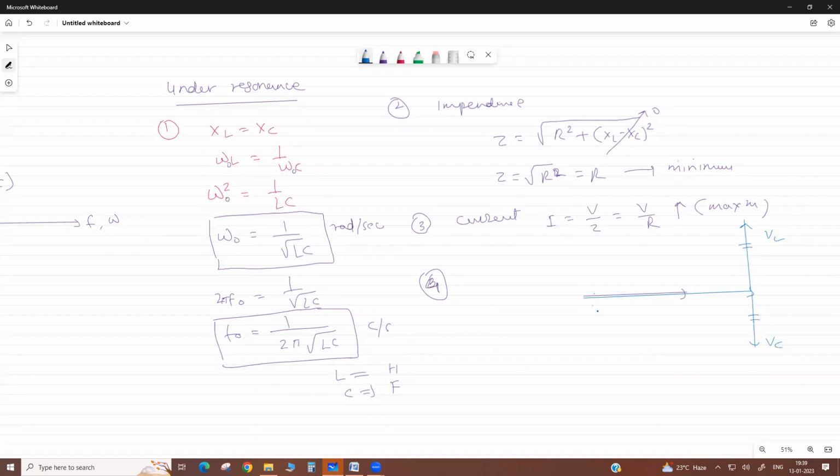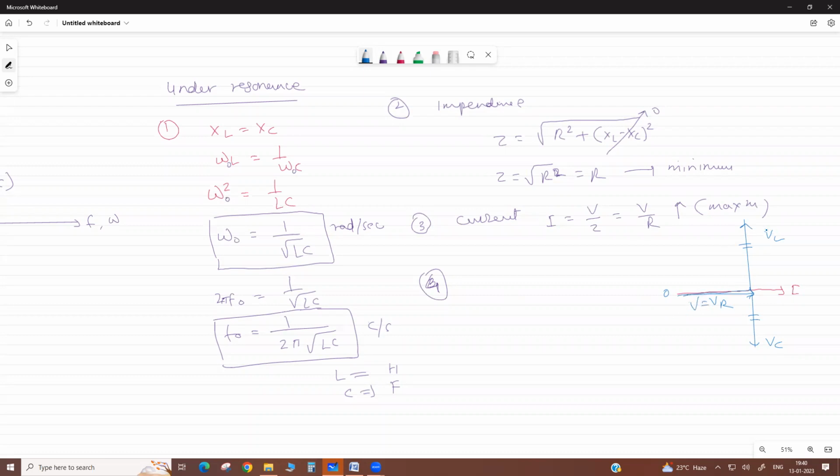Then your total voltage equals VR only. Actually R is small in this.